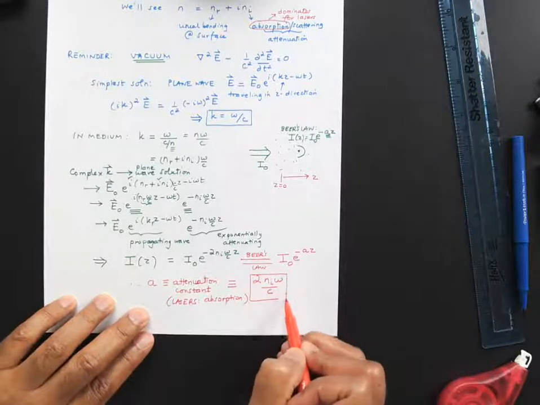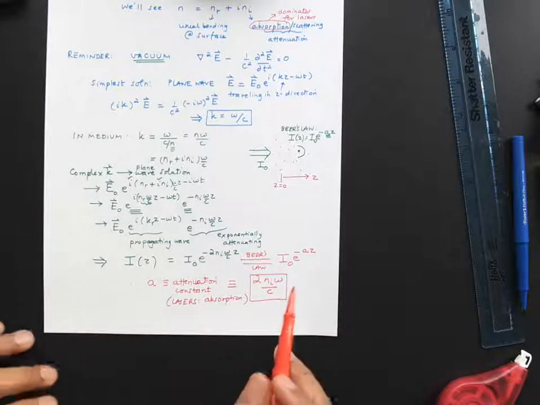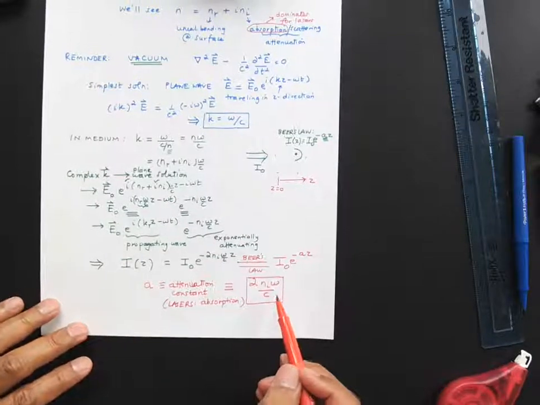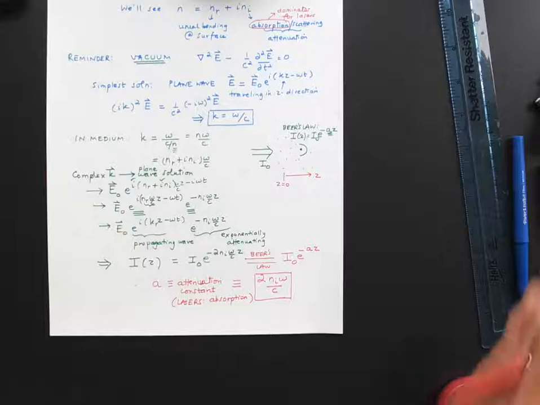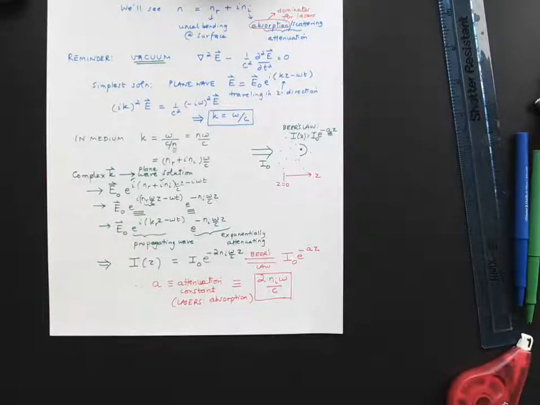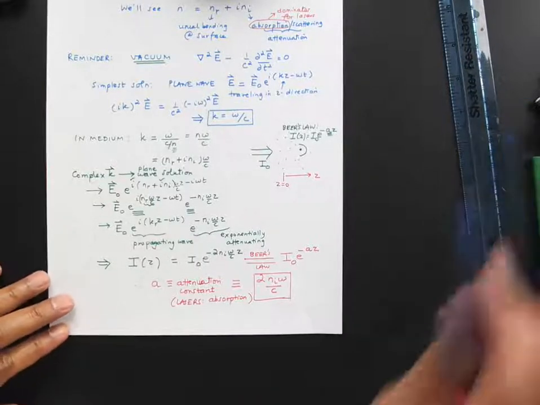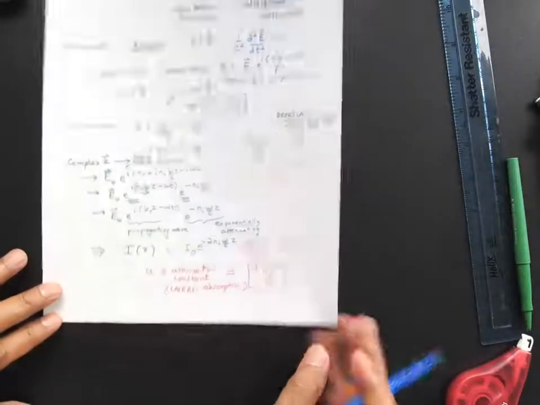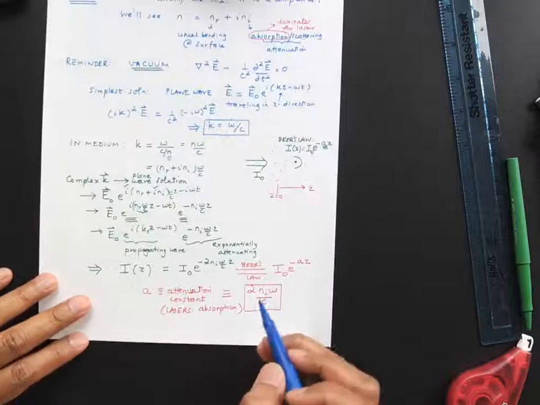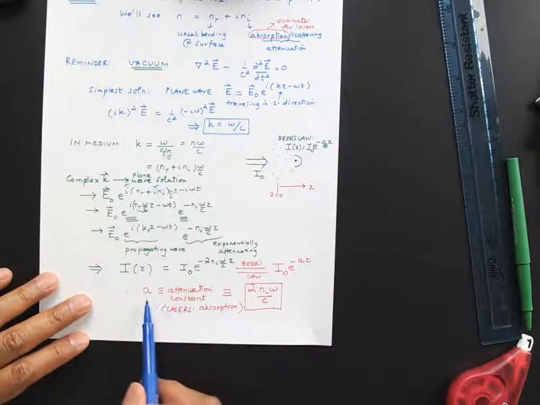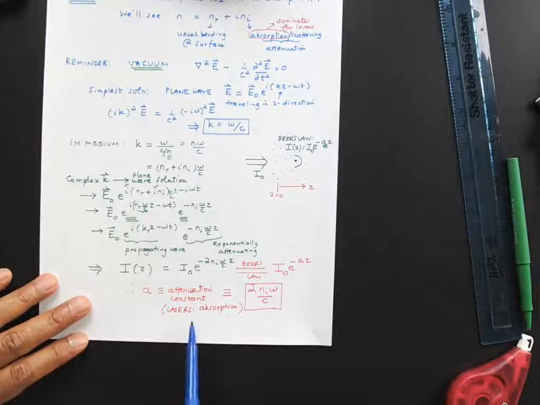So I wanted us to have this result in mind, that when we look at the refractive index, the imaginary part is directly related to the absorption, right? Okay, well, knowing this, that's why we're interested in the microscopic theory of the refractive index, because first of all, we will be able to relate it to the attenuation and the absorption.